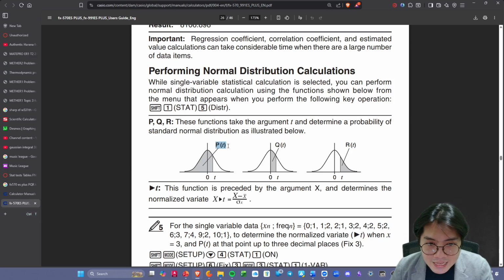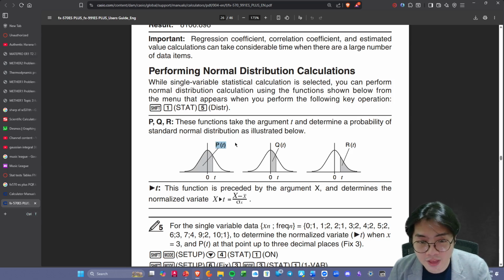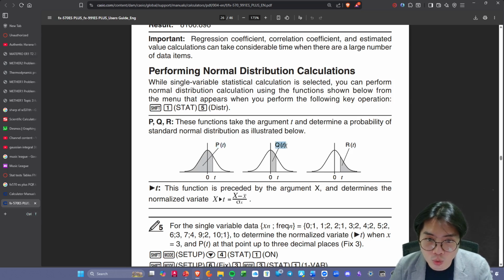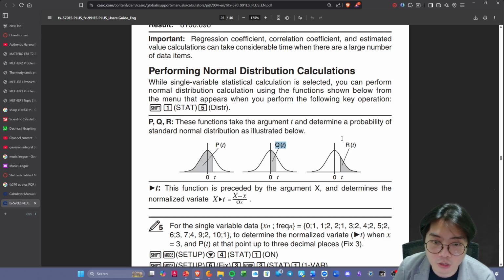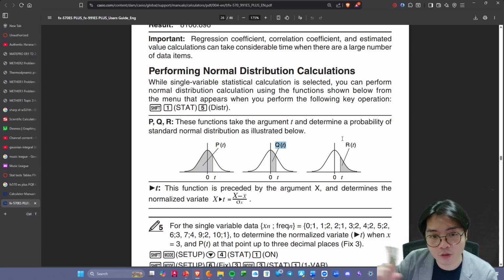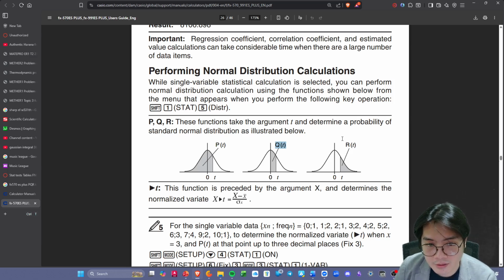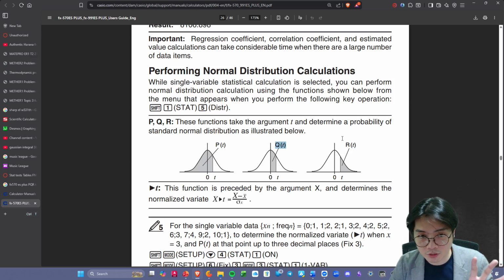P of T is identical to whatever it is that you can find in the Z tables. Q starts from 0, from your mean, and goes up until the value that you have selected. R, on the other hand, goes the other way around. If you notice, P and R are opposites of each other.